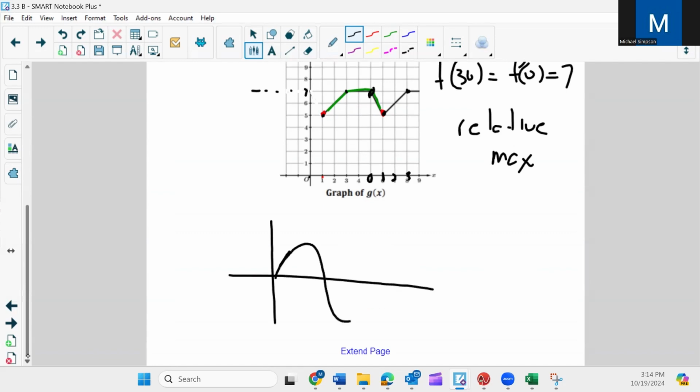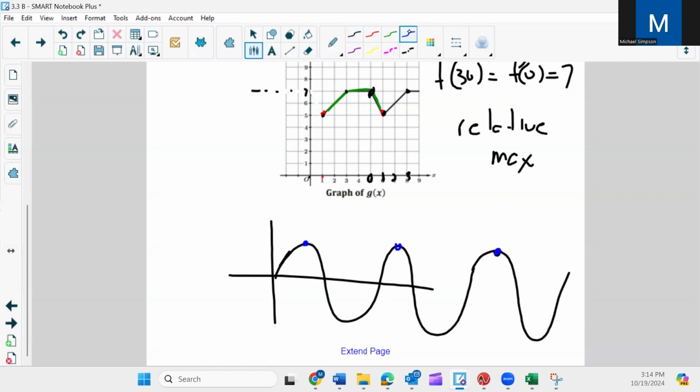It goes up and down, up and down, so you're going to have the same y value at the maximum point over and over again. So there's no absolute max. All you have are relative maxes and relative mins. Same thing with the lowest point: you don't have an absolute min, you have relative mins.